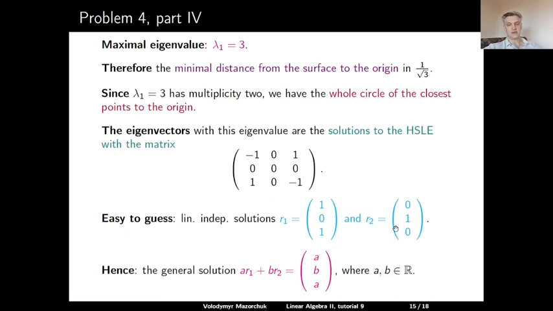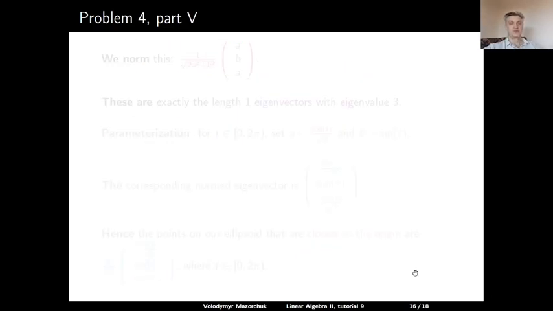The general eigenvector with eigenvalue 3 is a vector (A, B, A), where A and B are real numbers. So we norm this vector. The length of the vector (A, B, A) is the square root of 2a squared plus b squared. So the normed version of the vector is 1 divided by the square root of 2a squared plus b squared times (A, B, A).